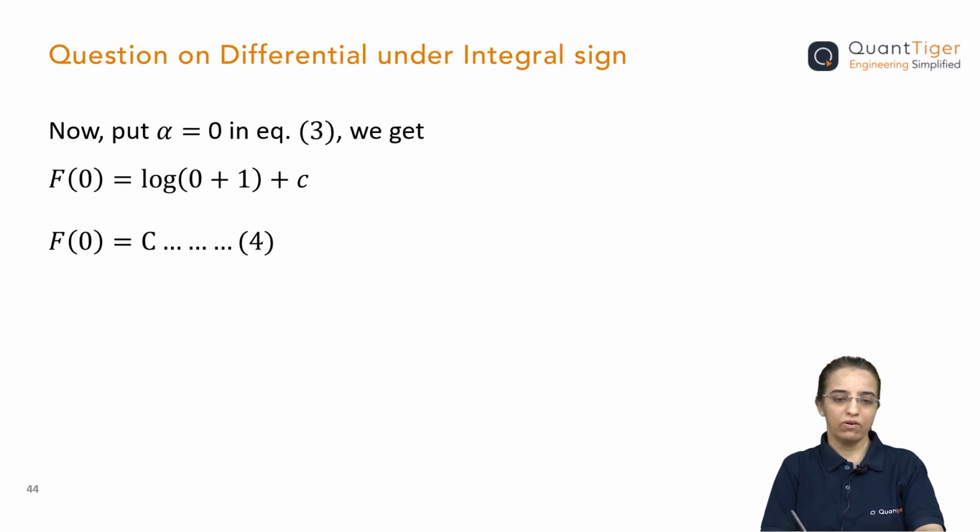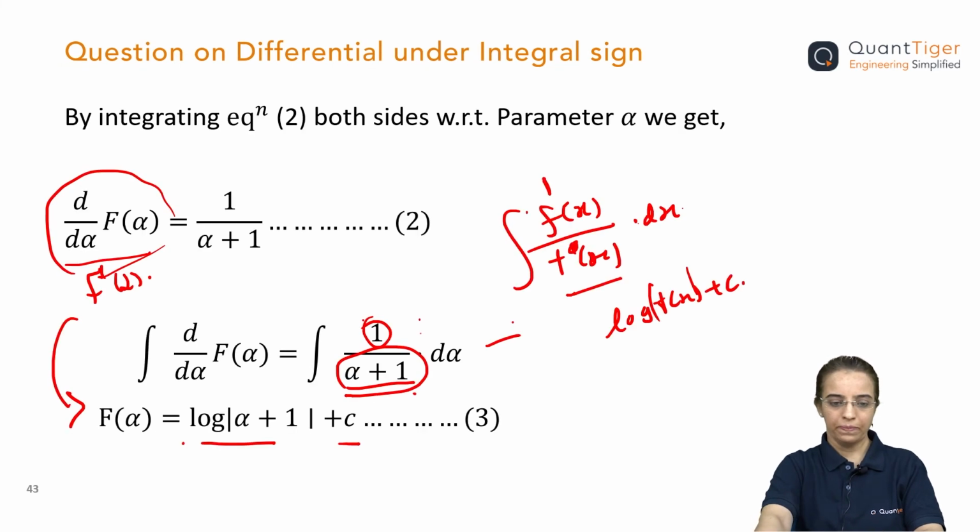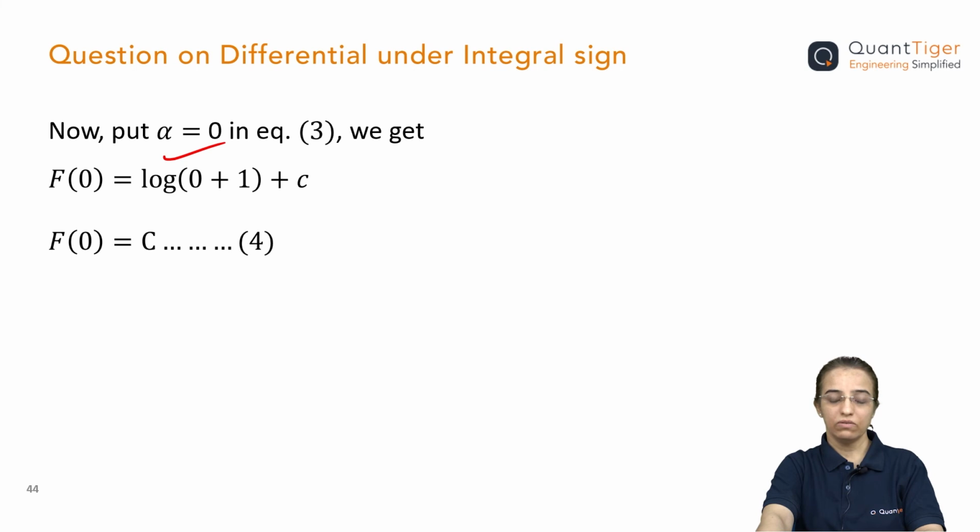In order to get the value of c, we will substitute alpha equal to 0 in equation 3, which we just got for f of alpha. If you substitute alpha's value 0 everywhere, even on the left hand side, this will be f of 0, which will be equal to 0. So that's how we will get it.